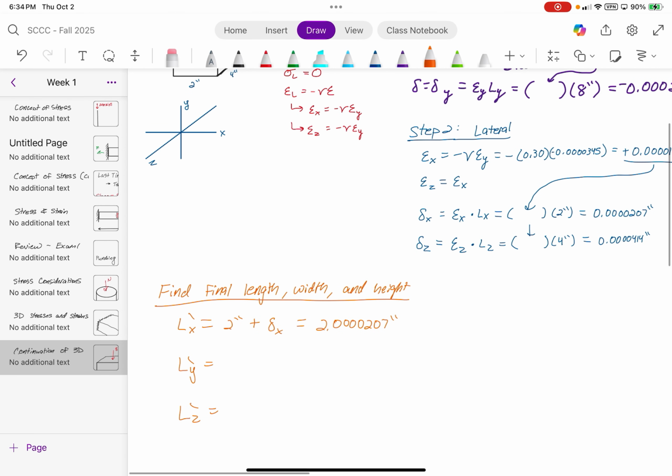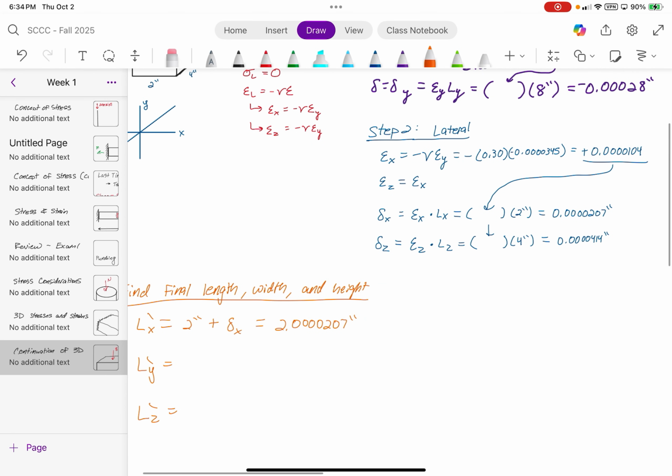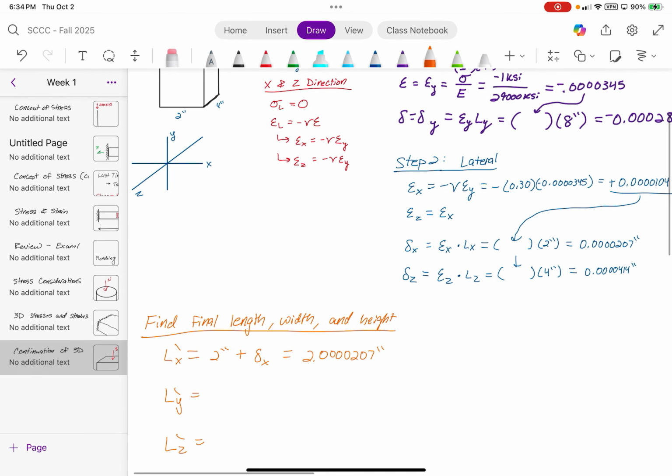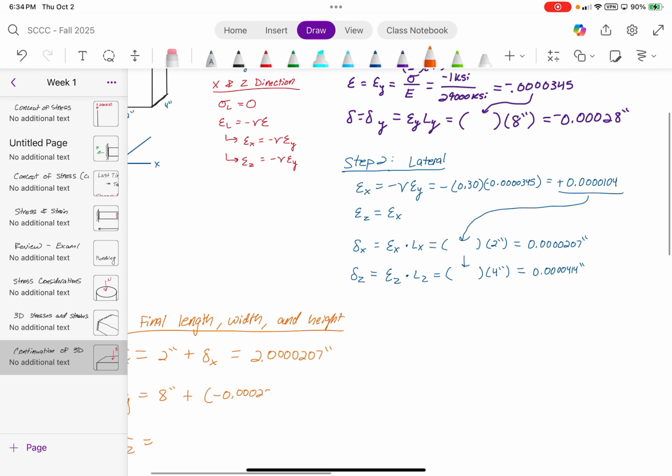In the y direction, it would be 8 inches plus negative 0.00028 inches.